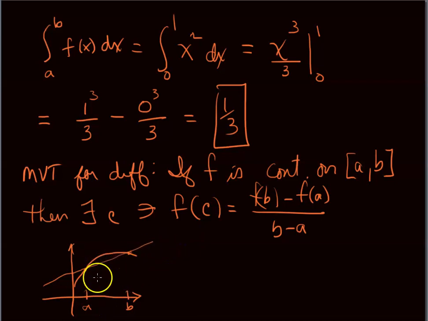They say there's some point c where we have the same slope for that function. Oh, this should be f prime. That gives you the slope, f prime at c, the slope of the curve at c. That's the mean value theorem for differentiation.